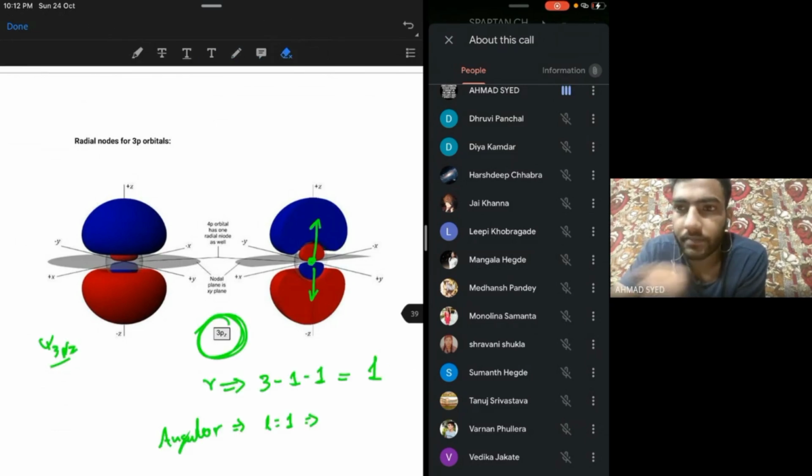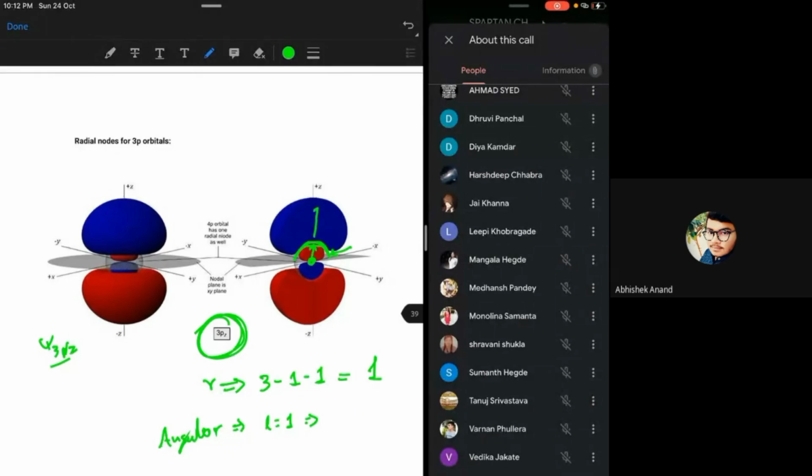As you move from the origin you have a probability till here, but here it is all 0, isn't it? This is the first radial node. And then you again get things here, and this will go till infinity. There is a small probability everywhere. Now that is what a radial node is.